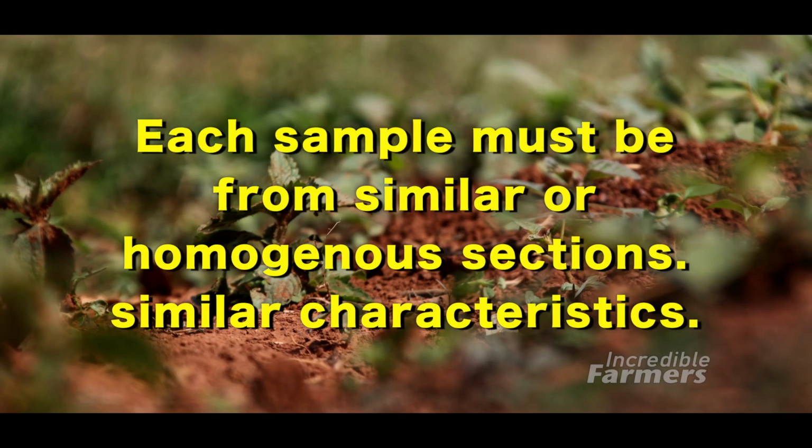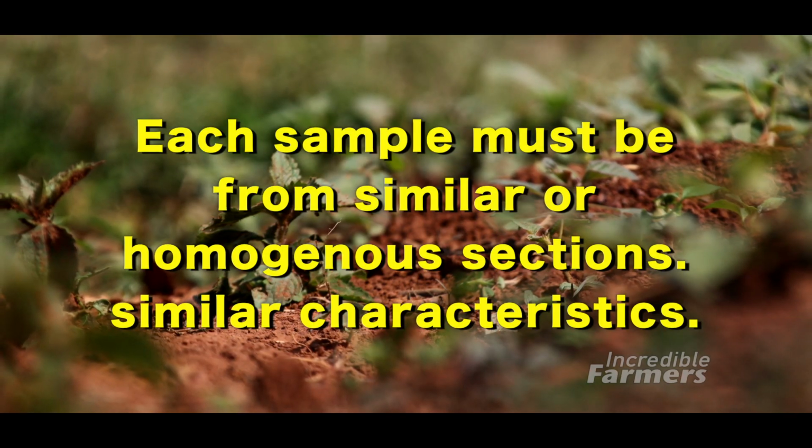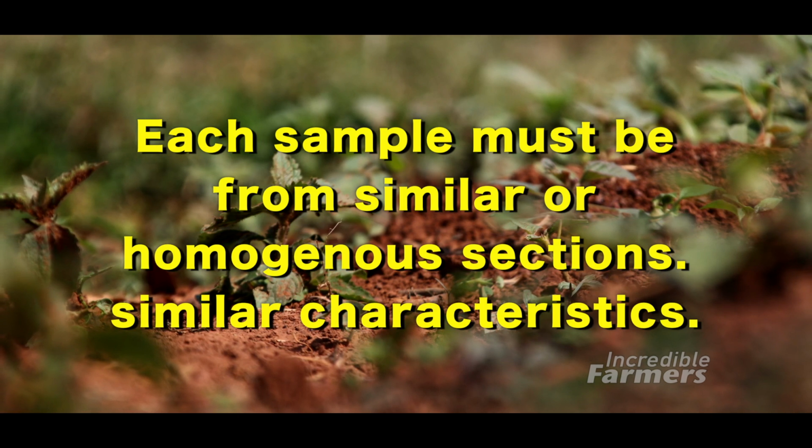And then when you have the homogeneous portions, which are portions that have the same characteristics on your piece of land, you treat those as sampling areas or sampling units. So you have to take samples from each area that has similar characteristics.